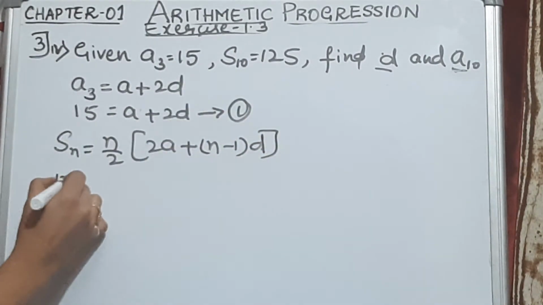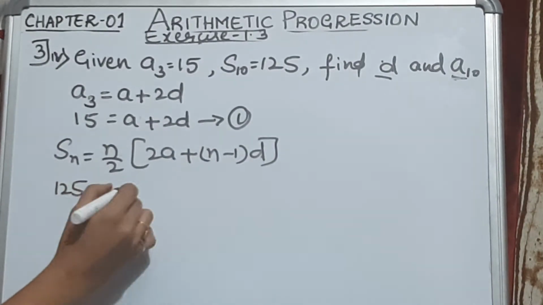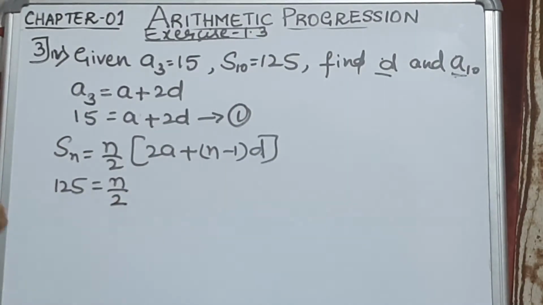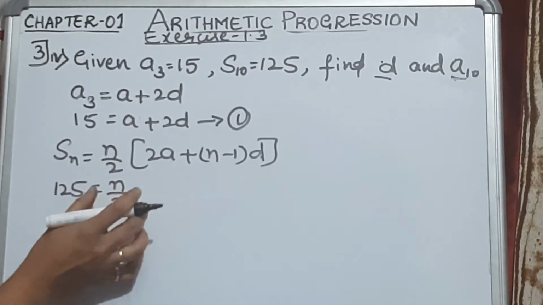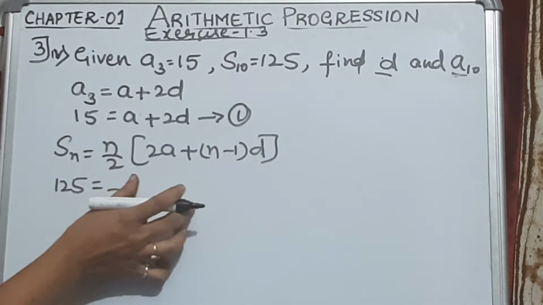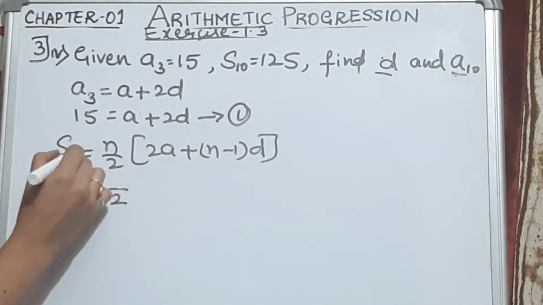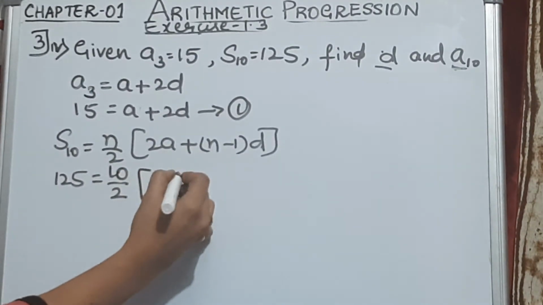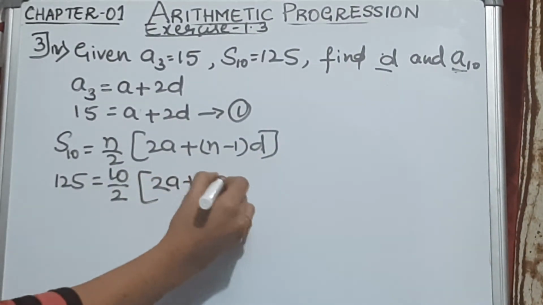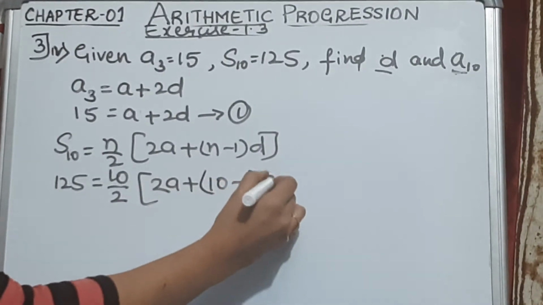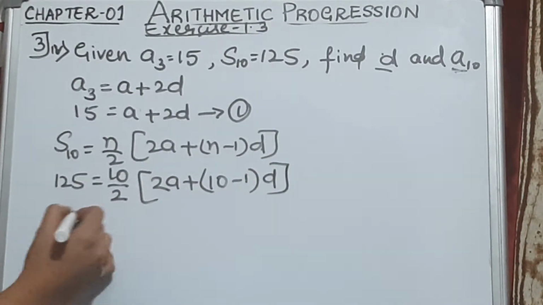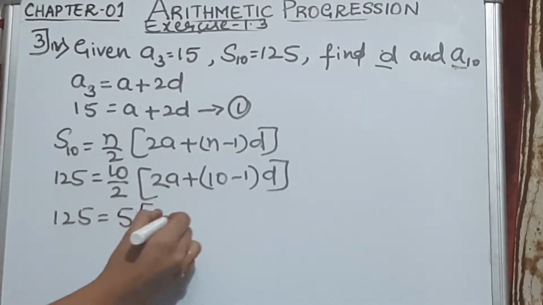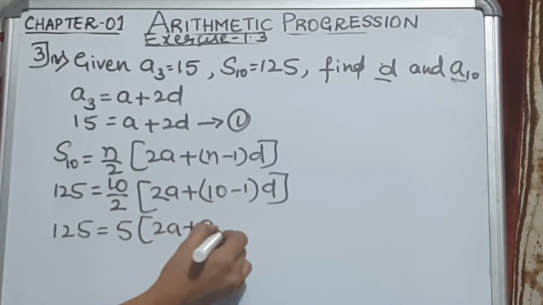Now Sn is 125. N also we don't know... sorry, n is given, S10. N is 10. So 10 by 2, 2 into A we don't know, and 10 minus 1 into D also we don't know. 125 is equal to 5 times (2A plus 9D). 10 minus 1 is 9, so 5 times 9D is 45D.